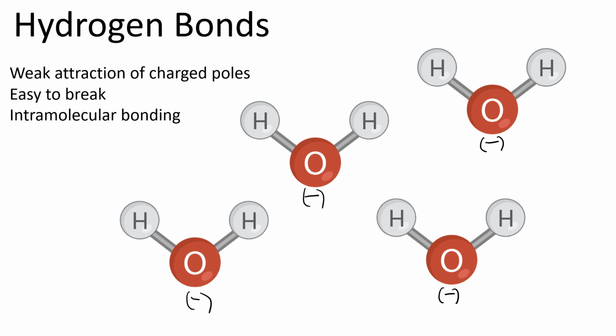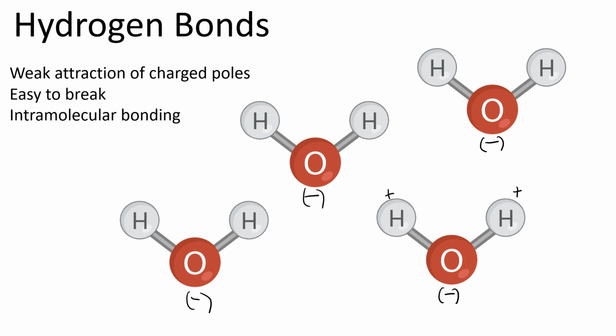Each of Mickey Mouse's ears have a slight positive charge because those hydrogen atom nuclei have just one proton in there, and its corresponding electron is down at the electron party. Bummer. These slightly charged poles are what create the hydrogen bonds.